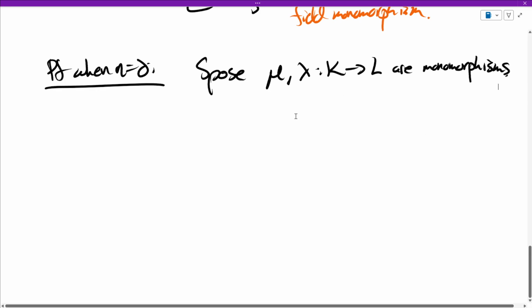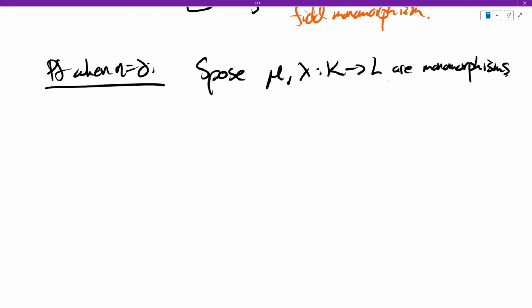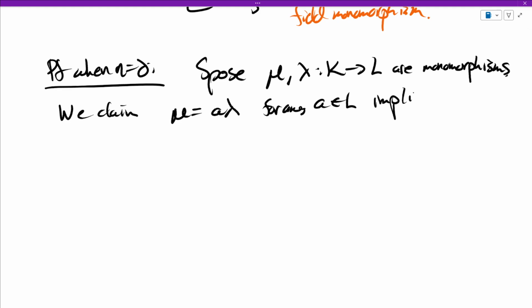And in fact, not only do we have a way of multiplying by m, if these are extensions of some common field m, but we also have a way of multiplying by L. So we claim that mu is a lambda for any a in L implies mu equals lambda. So a has to be 1.